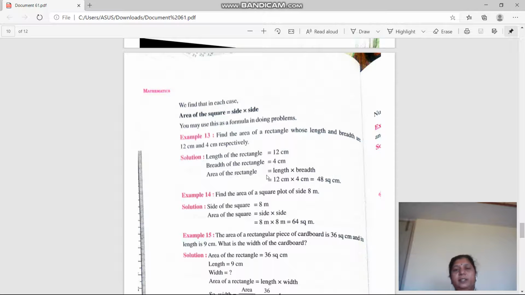Area of rectangle is equal to length into breadth, that is 12 multiplied by 4, so we get 48 square centimeter. Always remember, area is always in square units, whether square centimeter, square meter or square kilometer. The next example: find the area of a square plot of side 8 meter. Area of square is equal to side into side, 8 into 8, we get 64 square meter.